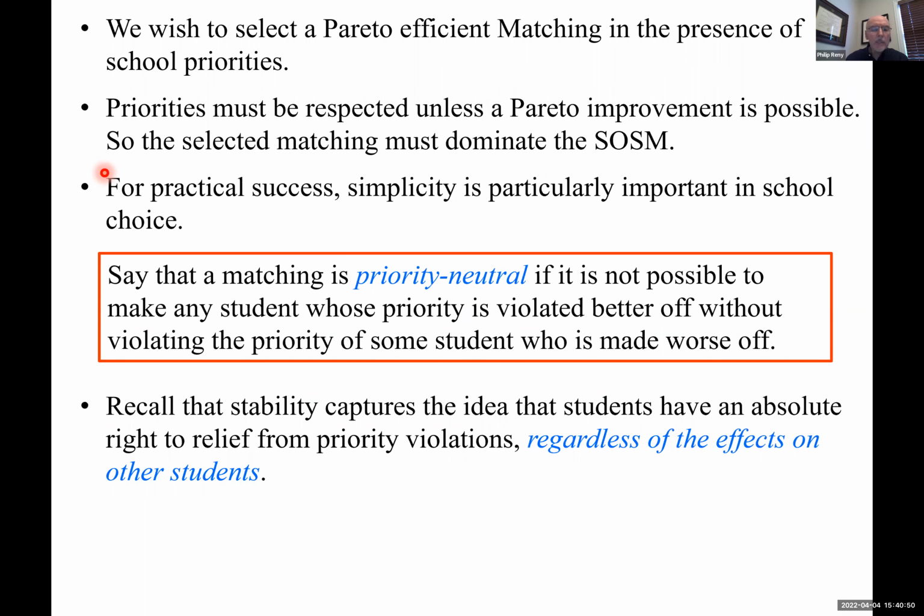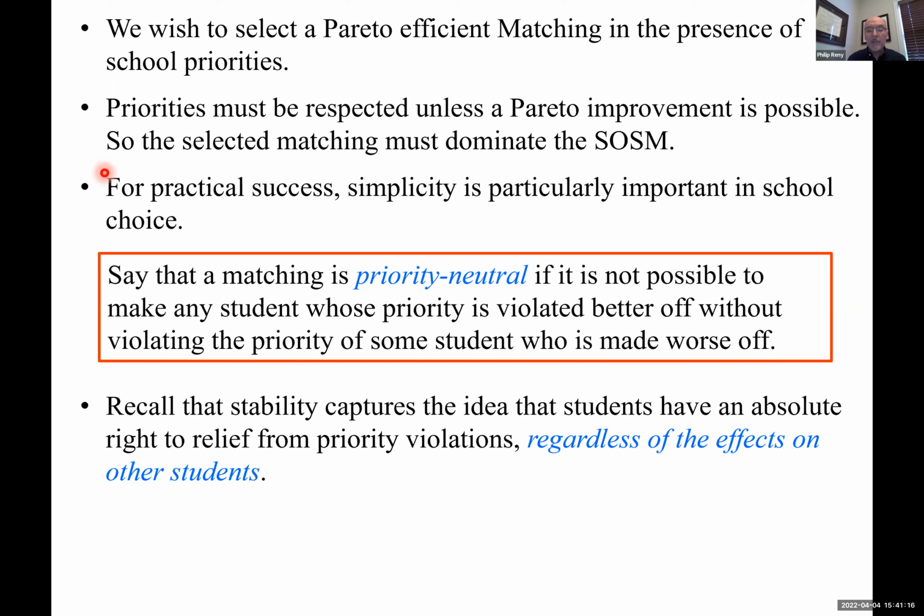Let's talk a little bit about the motivation here. Recall, stability captures the idea that students have an absolute right to relief from priority violations, regardless of the effects on other students. What do I mean by that? If you have a matching that violates a student's priority, it's not stable.